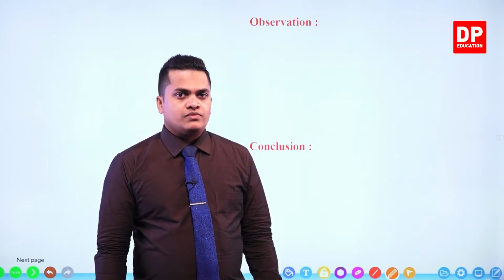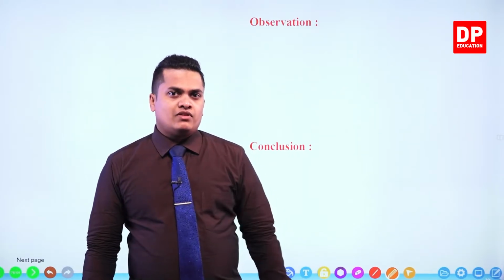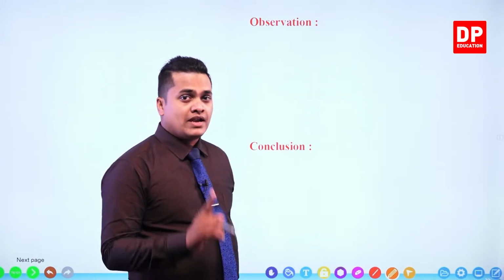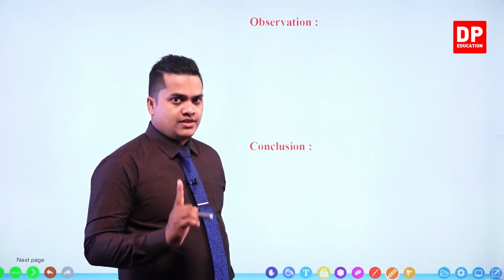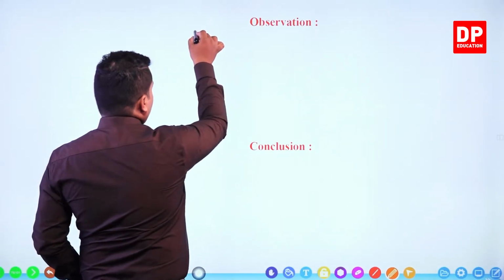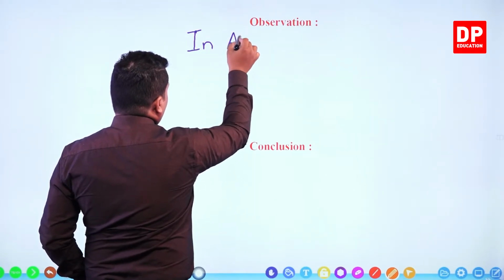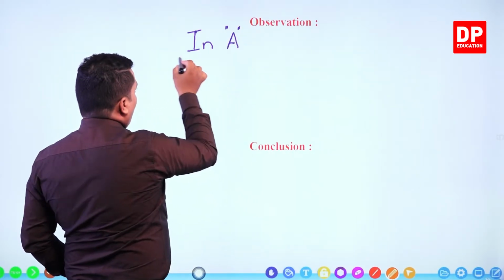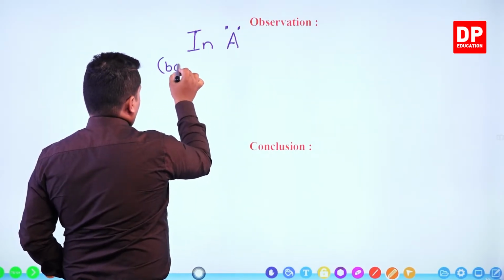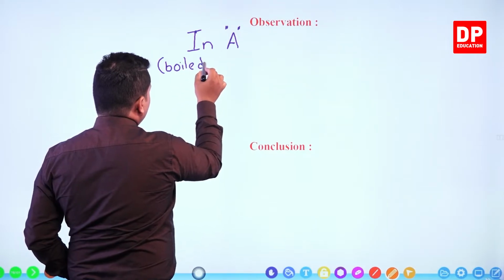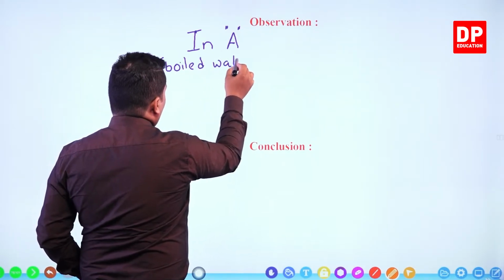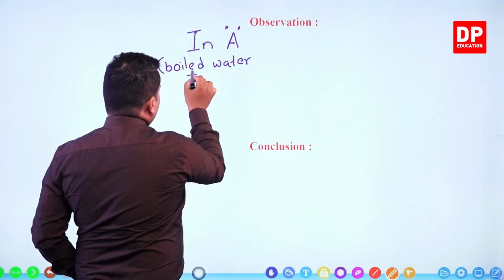So we'll write down our observations one by one by naming the setups A, B and C. So A is the one in which we used boiled water plus coconut oil.